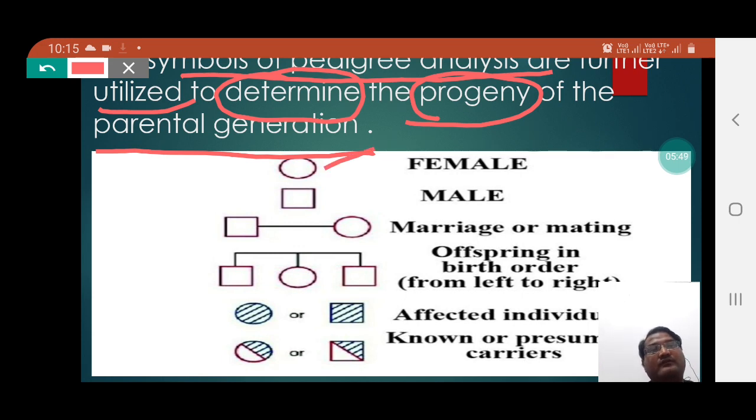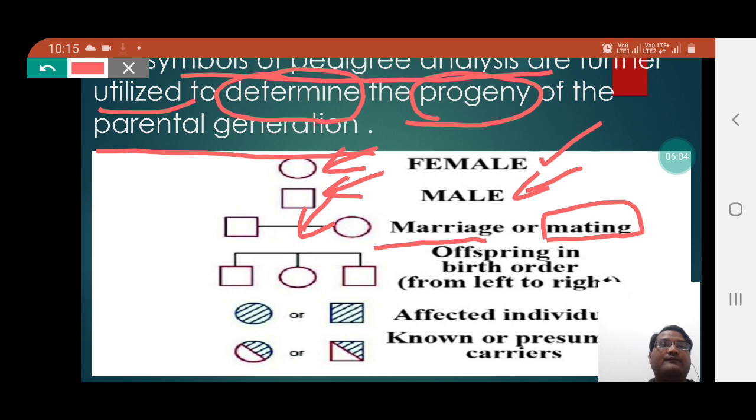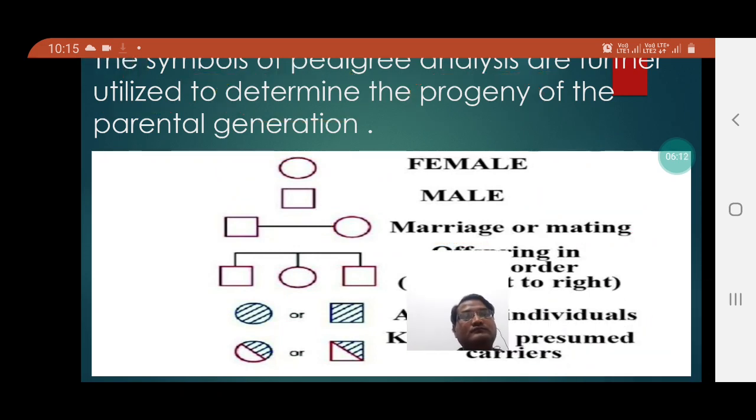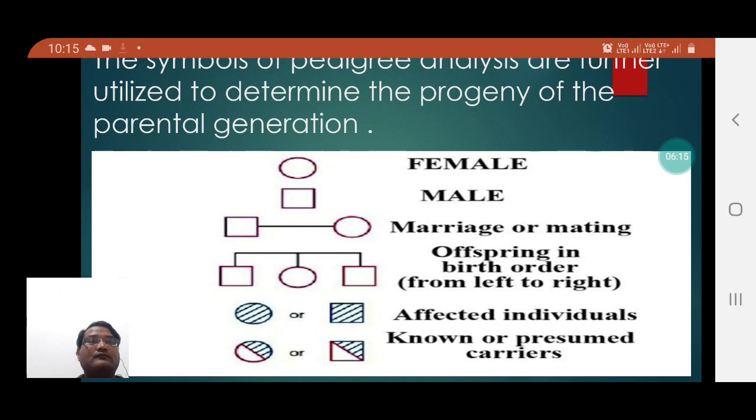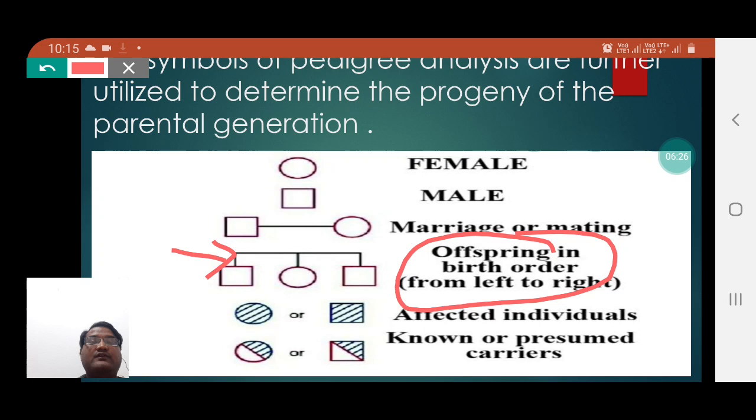Here the circle showed the female, the square showed the male, the horizontal line, the second rule, showed the marriage or mating between female and male, and the vertical line showed the offspring, that is the children taking birth from this parental generation.